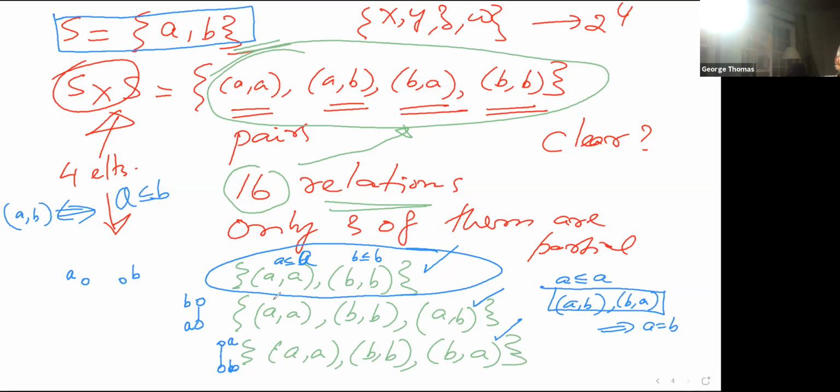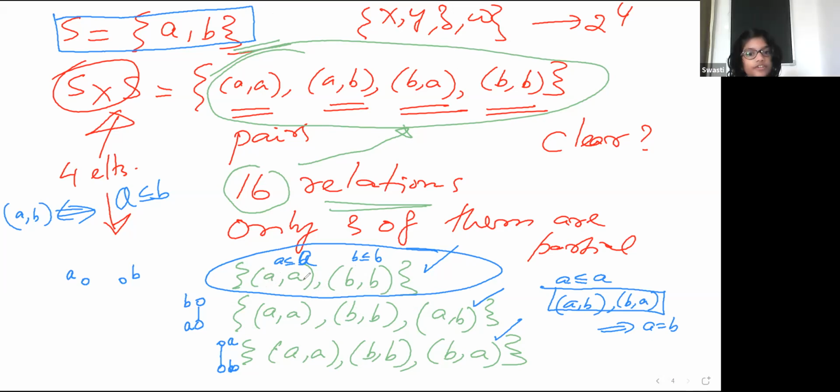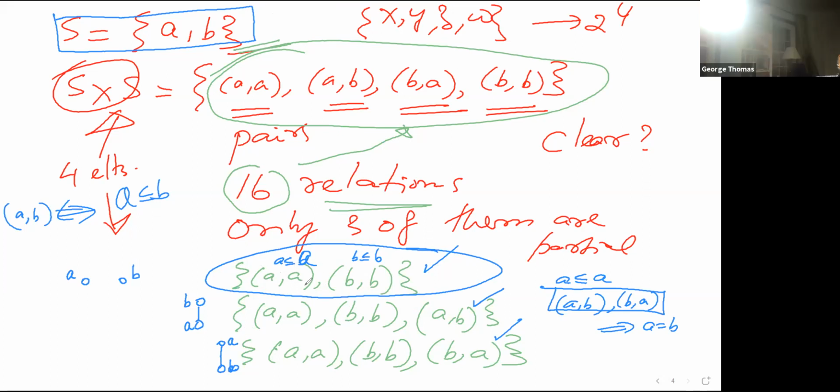How do you know there are only 3? First of all, we must have all the reflexive relations in it. So we must have these 2. And then you see if you can add any of these. Can you add both of them?